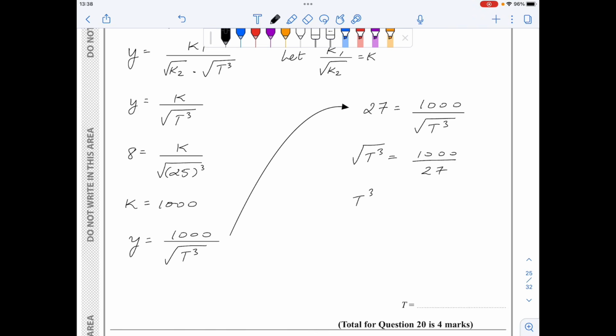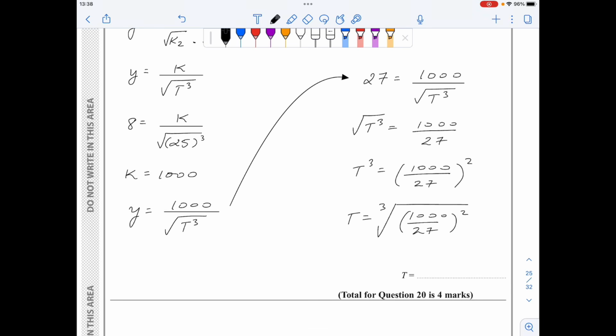T to the power of 3 is equal to 1000 over 27 squared. So t is the cube root of 1000 over 27 squared. And if I put this on the calculator, I will get 100 over 9, which is the final answer.